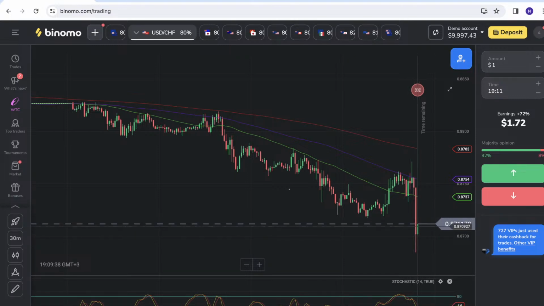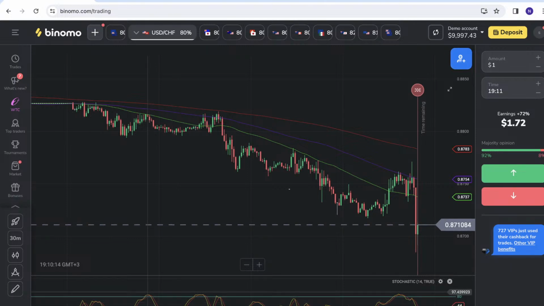If stochastic lines break the 80 line from bottom to top, we can say that price is now in the overbought zone. If stochastic breaks the 20 line from top to bottom, we will think that price is now in the oversold zone.